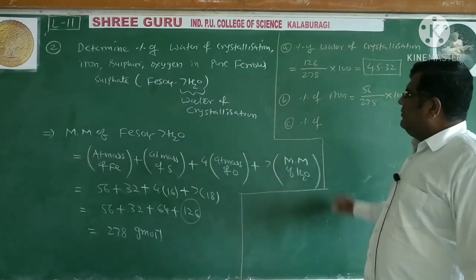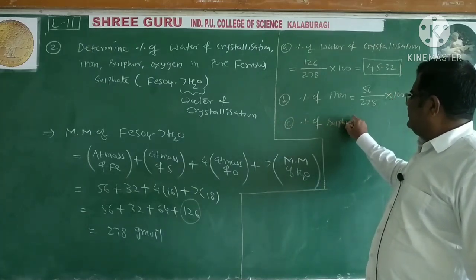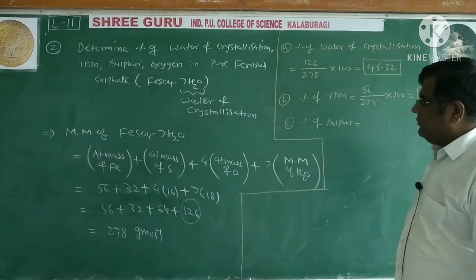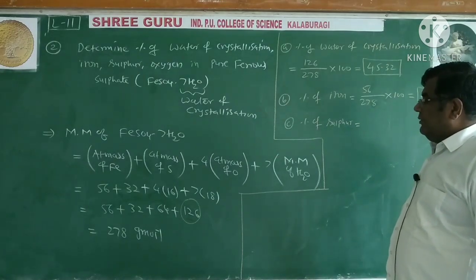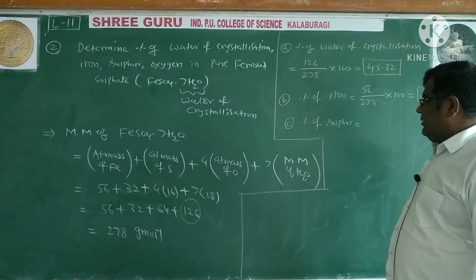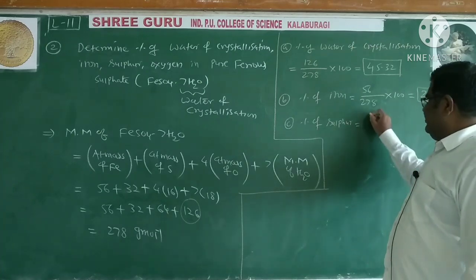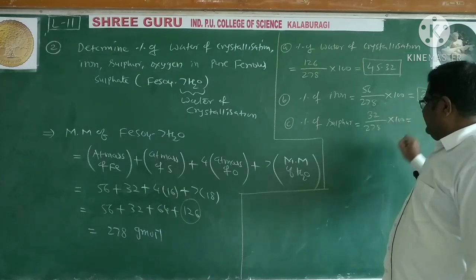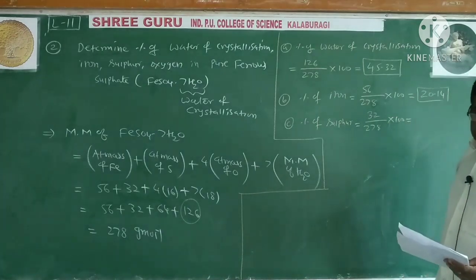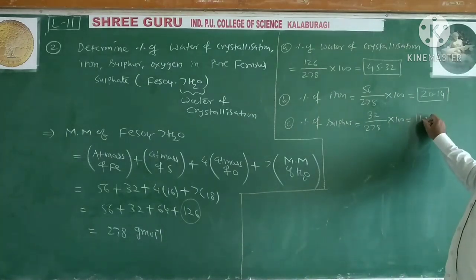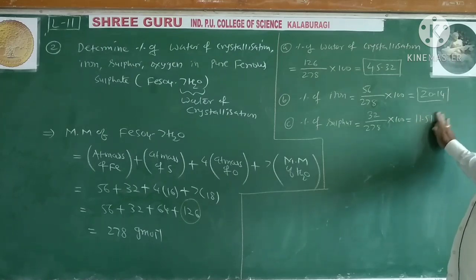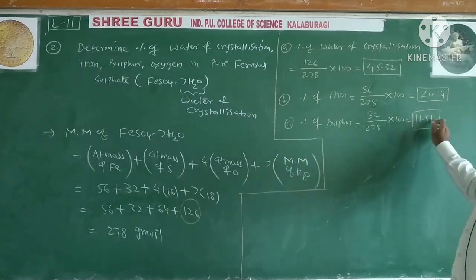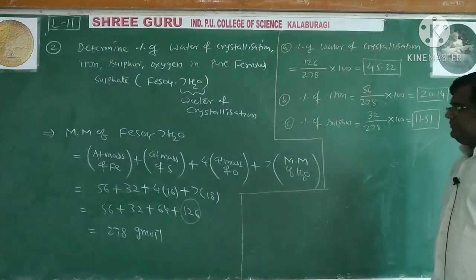Percentage of sulfur is 32 by 278 into 100, 11.51. No need to write percent here and second because percentage is already written.